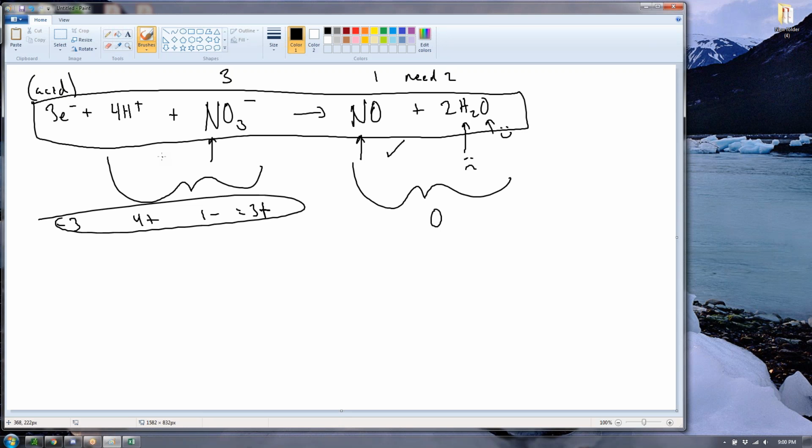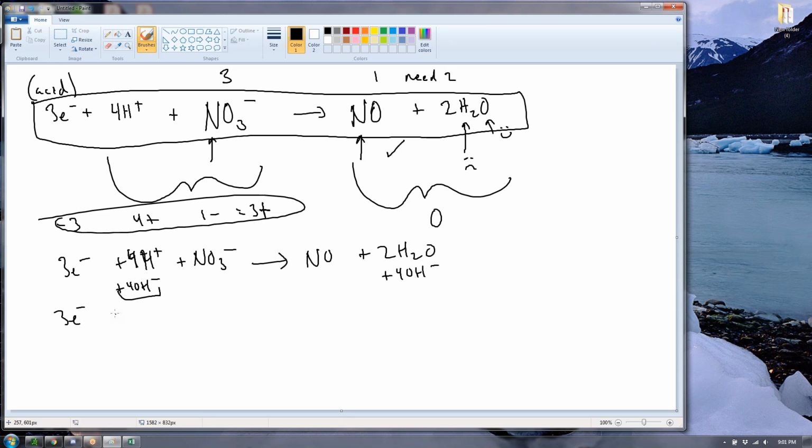This is the half reaction in acidic solution. For basic solution, it becomes really easy. You take this expression, the 3 electrons, the 4 H+, the NO3-, going to NO and 2 waters. For every H+, you add a hydroxide. If you add 4 hydroxides here, and 4 hydroxides here, this now becomes water.